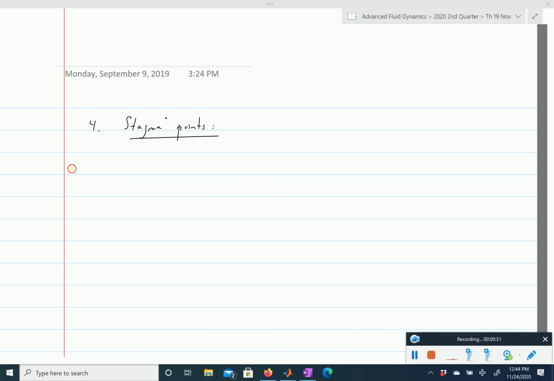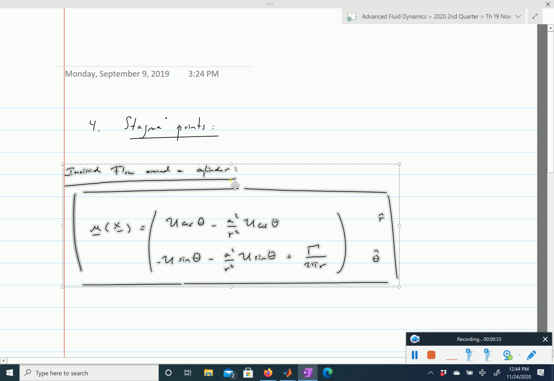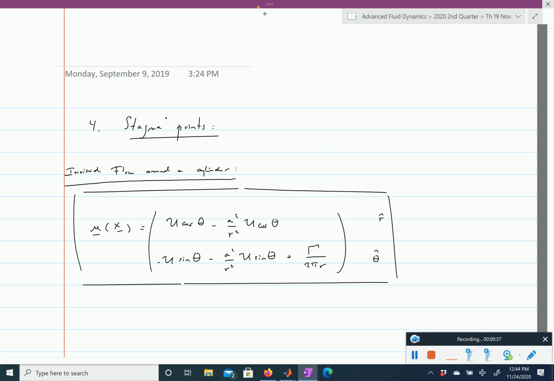Recall our velocity field around the cylinder. Of course, we are interested in what happens to the velocity field at the surface of the cylinder. So this is when r equals a.